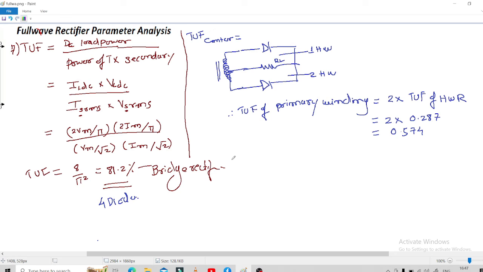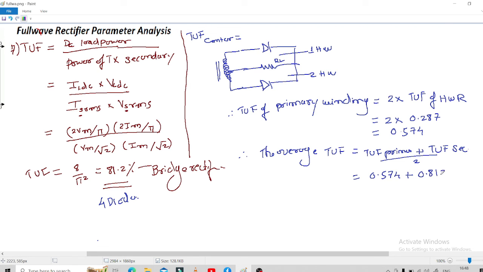Okay, now therefore the average TUF equals TUF primary plus TUF secondary divided by 2. So it becomes 0.574 plus 0.812 divided by 2.